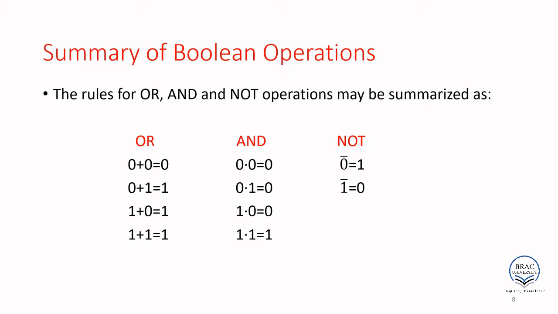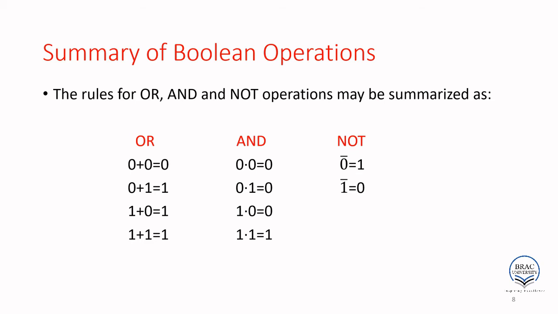AND is the reverse: if both are 1, then 1, otherwise 0. It is the inverse of this one. So 0 0 gives 0, 0 1 gives 0, 1 0 gives 0, 1 1 gives 1. And NOT is just the inverse: 0 gives 1 and 1 gives 0.